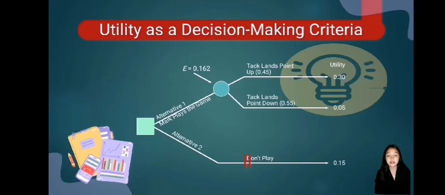If EMV, or expected monetary value, had been used, alternative 2 would have been the best strategy. So the utility curve is a risk-seeker utility curve, and the choice of playing the game certainly reflects this preference for risk.